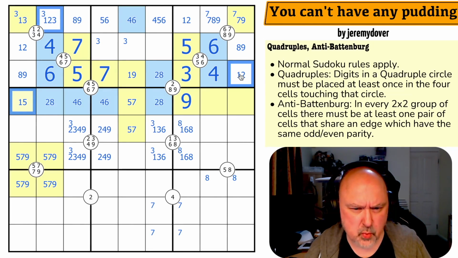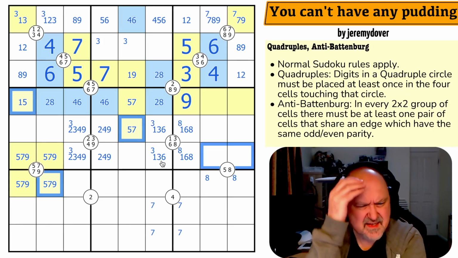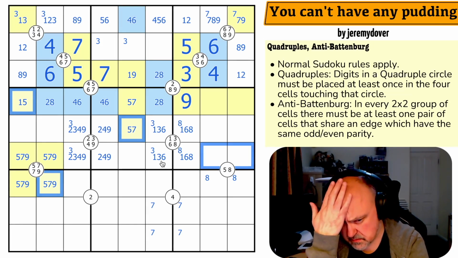And then that's 1. I'm not sure what that's doing. If it's 5, that becomes a 5. Then there'd be a 5 in here. That would be a 5. No, I can't see how to resolve that.